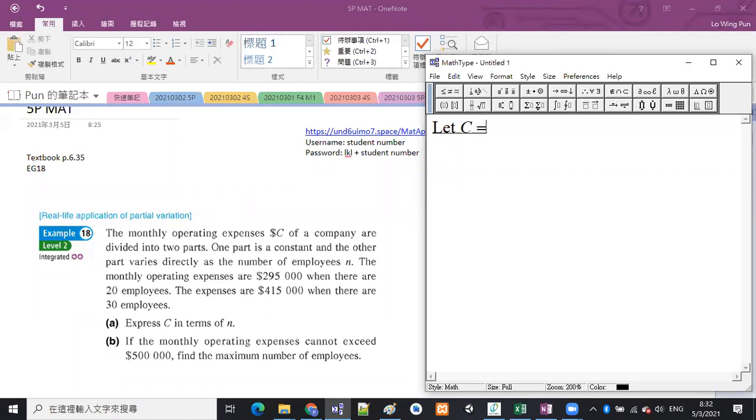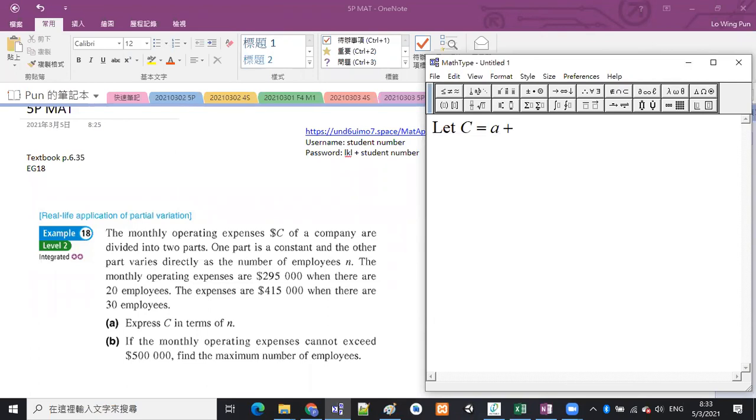The first part, if it is about parts, then we are not going to use K as the unknown. We are going to use A and B as the unknowns. So the first part is a constant, so it's just an A, plus the other part.